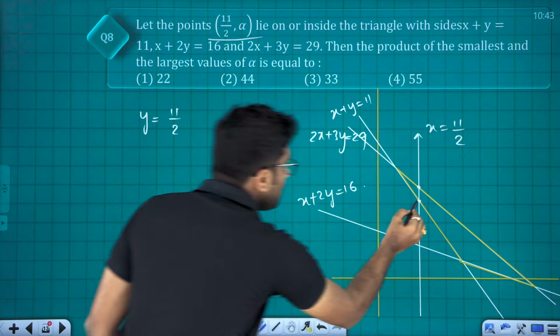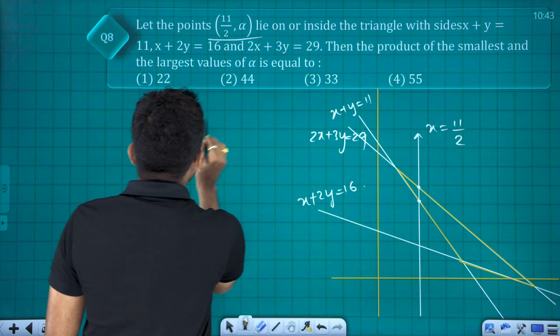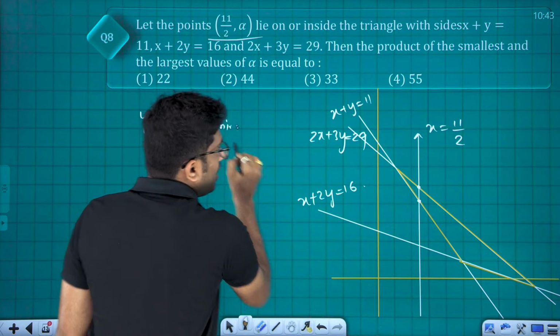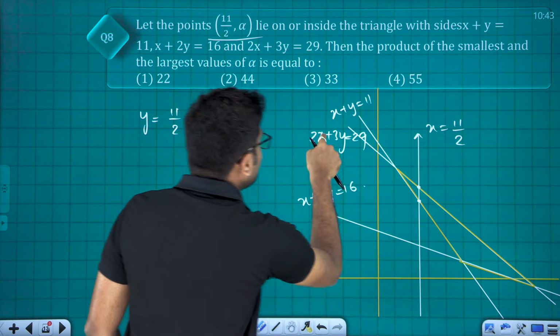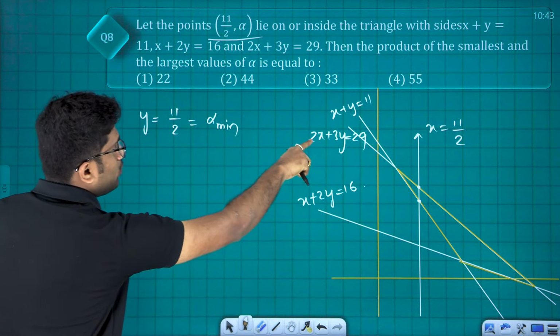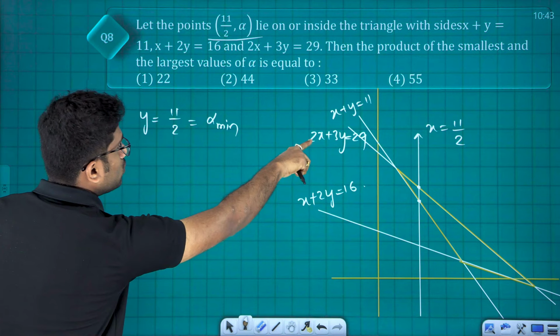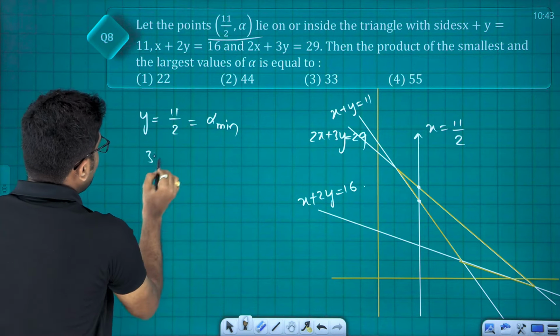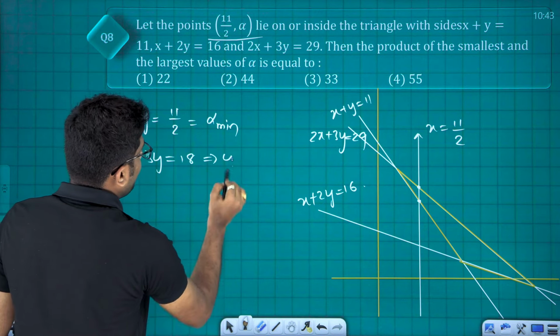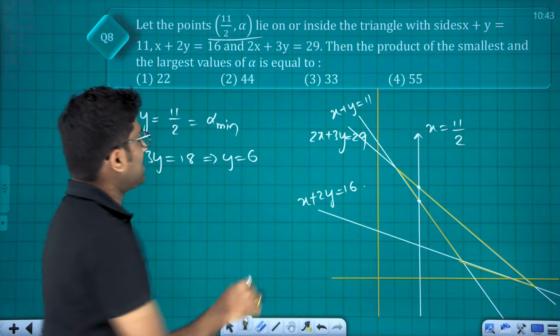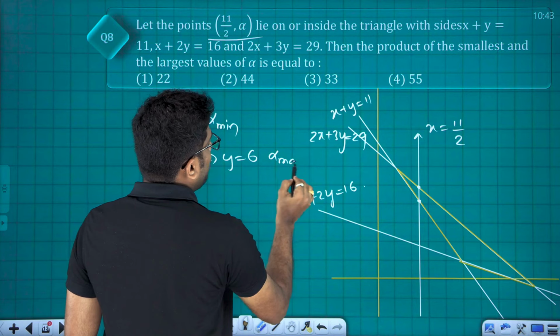So this will be the minimum value of alpha. And for maximum value we put x is equals to 11 by 2 in this particular line. 2 into 11 by 2 is 11, 3y is equals to 29 minus 11, which is equals to 18, and y is equals to 6. So this 6 is nothing but the maximum value of alpha.